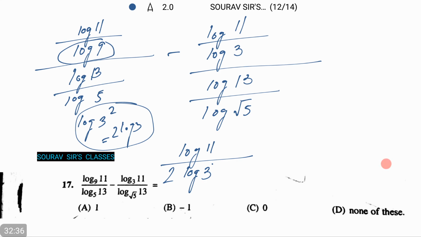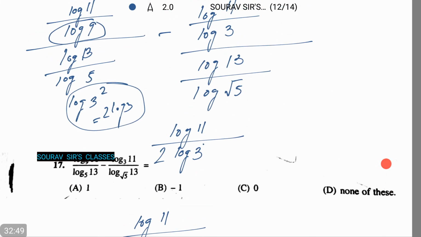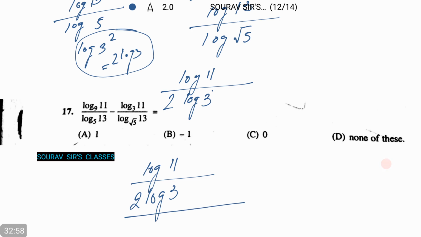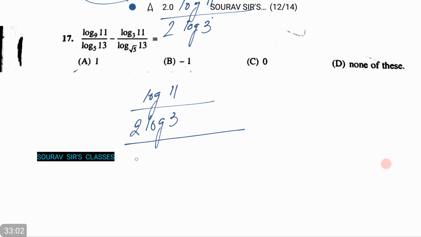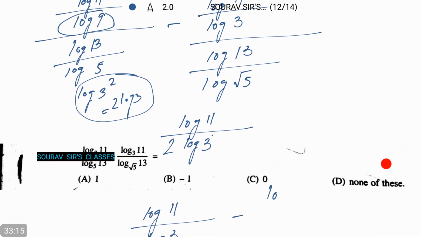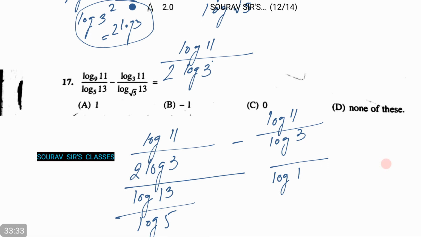So we will have log 11 by 2 log 3 by log 13 by log 5, minus log 11 by log 3, divided by log 13 by half log 5.